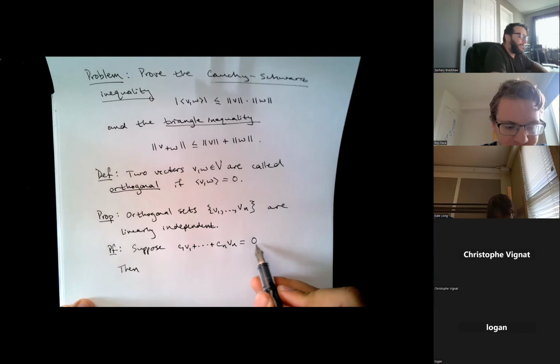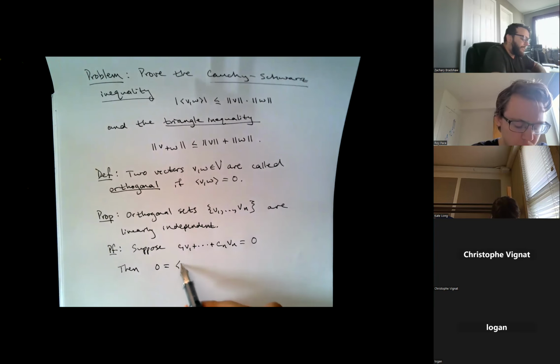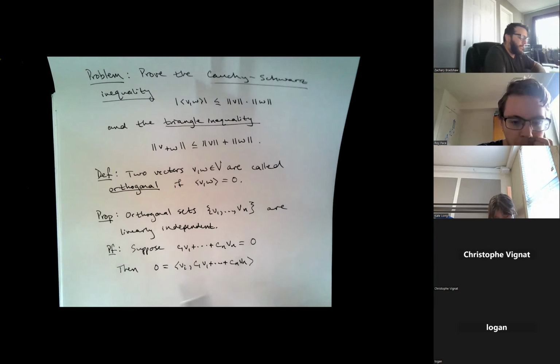The inner product of 0 with vi is going to be 0, so we can start with our 0 here. And then on this side, what we have is the inner product of vi with c1 v1 through cn vn. Again, this 0 came from the inner product of 0 with vi.